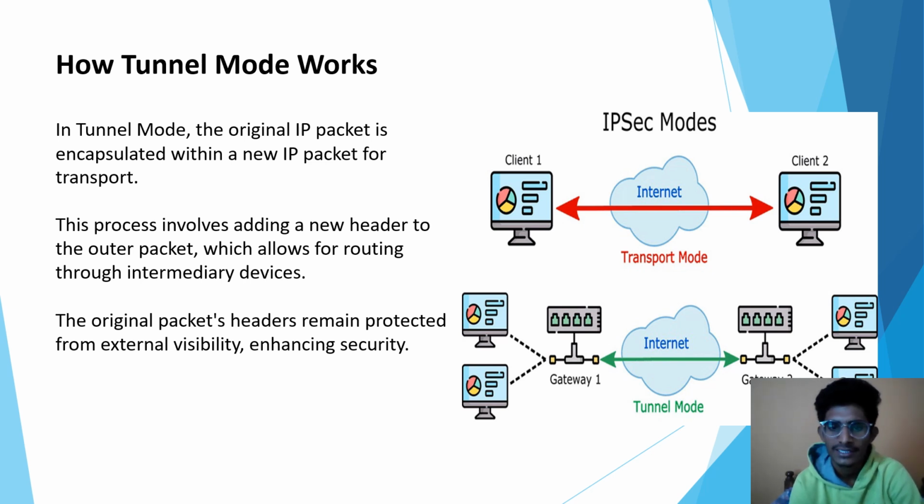For example, the client has a gateway, and there the data is encrypted. Then through the internet service provider, the data goes to the next gateway, gateway 2, and it will be sent to the server. That's why tunnel mode provides high level security.